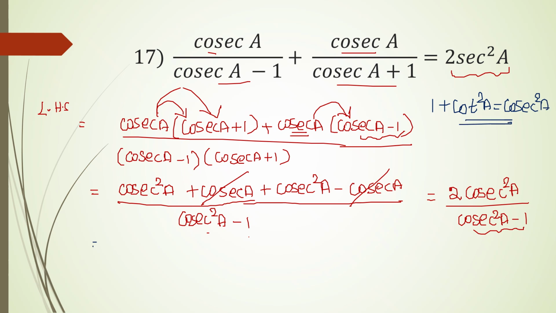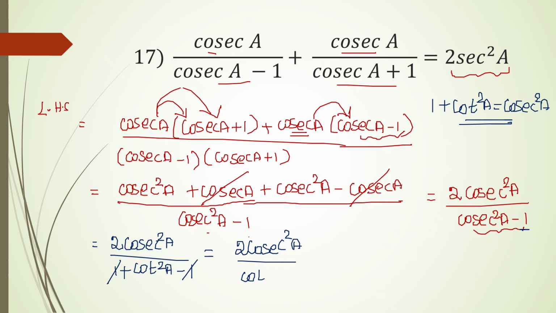My numerator is the same, 2 cosecant square A, divided by, cosecant square A becomes 1 plus cot square A. And the minus 1 is already there, so plus 1 and minus 1 get cancelled. So we are left with 2 cosecant square A by cot square A.